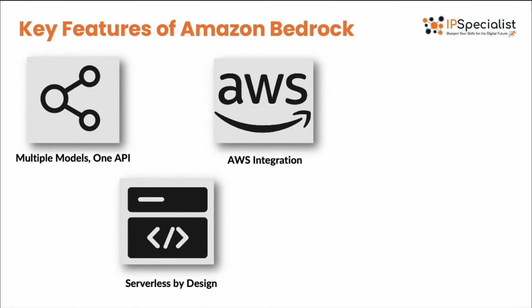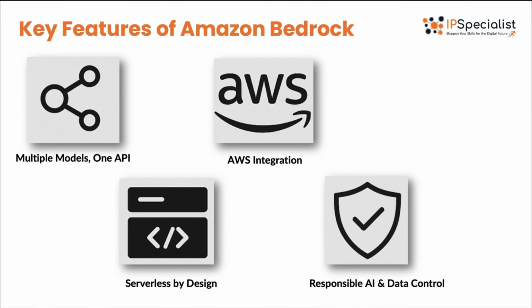Third, it's deeply integrated with other AWS services, making it easy to add AI capabilities into your existing cloud environment. Whether you're using Lambda functions, SageMaker, or S3, Bedrock fits right in. Fourth, the platform offers support for responsible AI practices. You can implement guardrails to control model behavior, and you have full control over how your data is used, ensuring security and compliance.